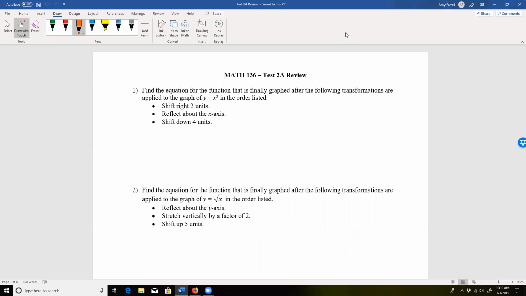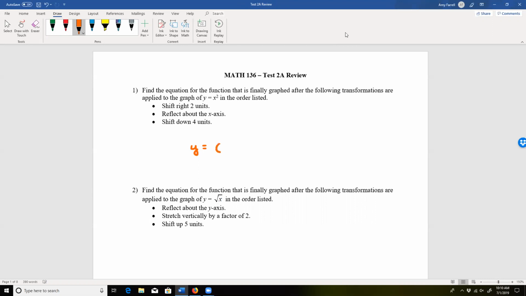Okay, so I'm going to start my equation with a y. And if I want to shift this graph right 2, and now this is where it's counterintuitive, we subtract 2 inside the grouping symbol.